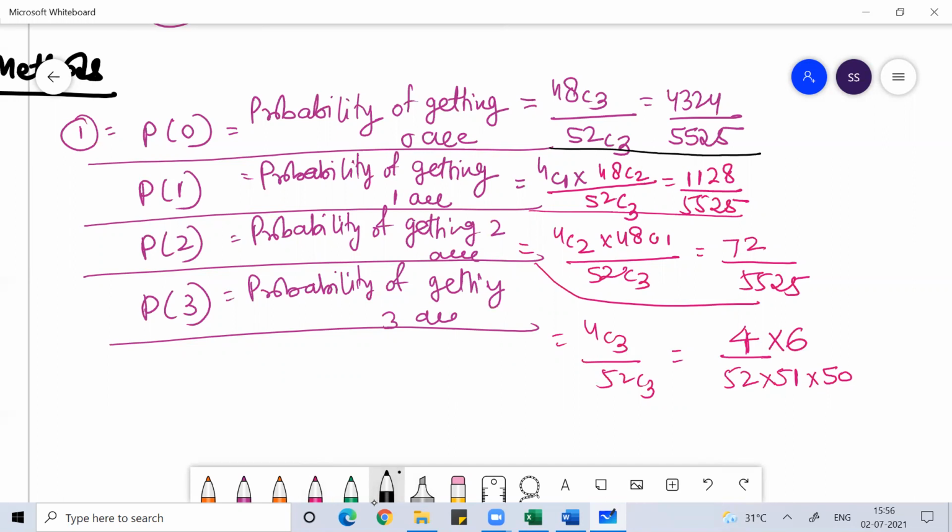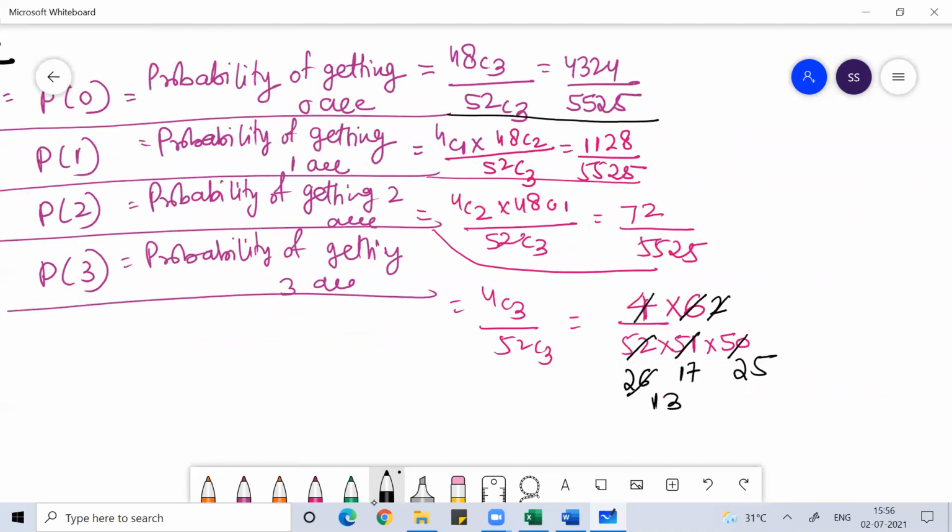So if I solve this, this will be 6, this will be 2, and then this will be 17. Then this will be 26, this will be 25, this would be 13. So you can say this is equal to 1 by 13 into 17.